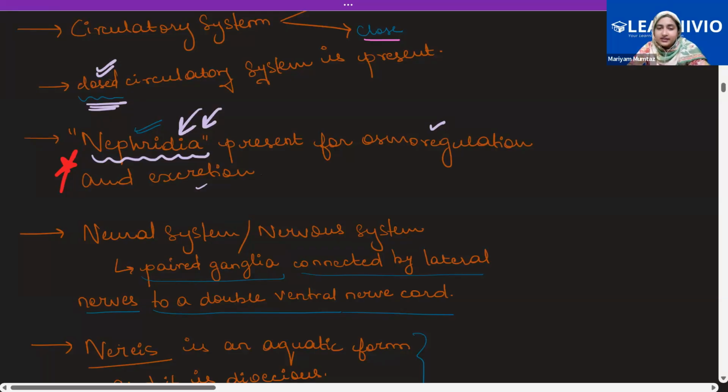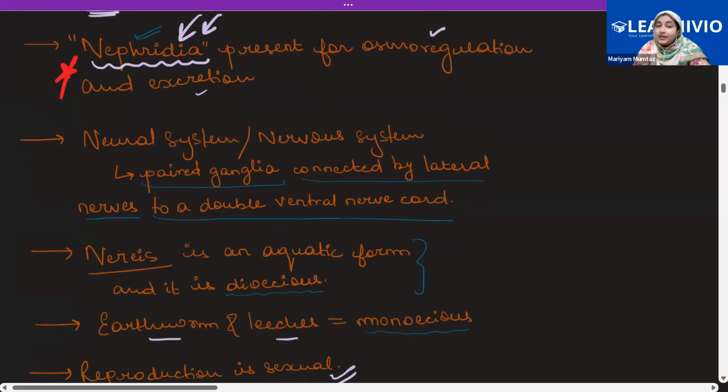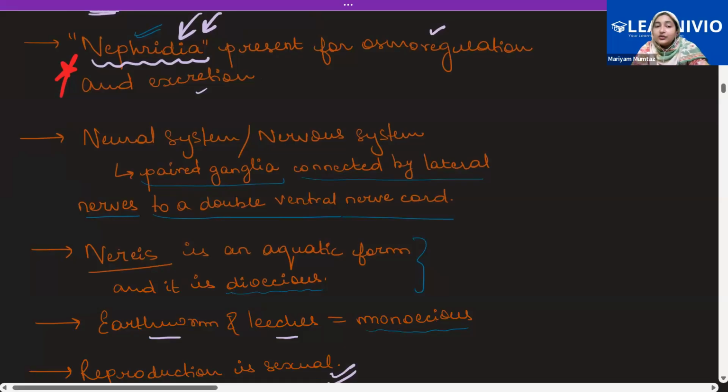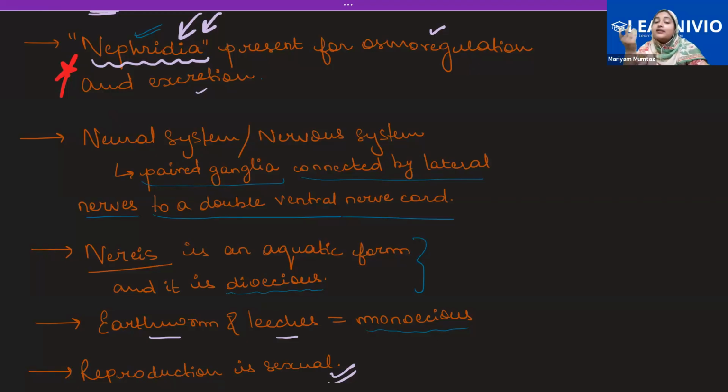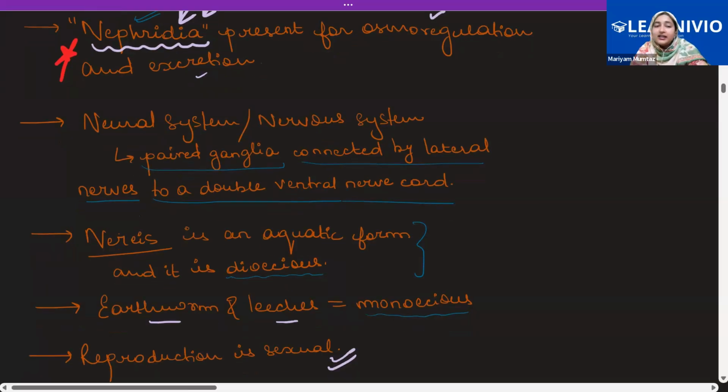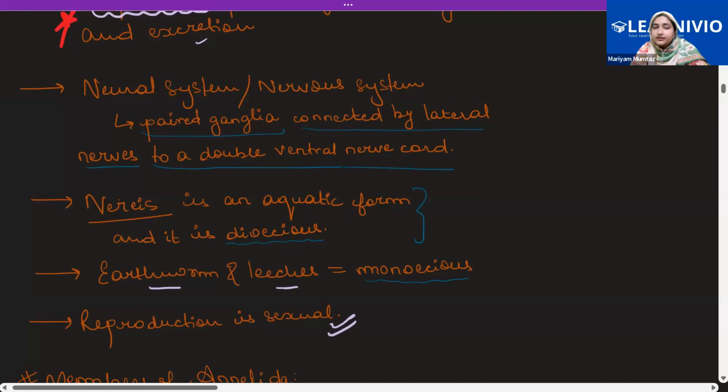Now, one more thing is added, which is a neural system or their nervous system. It means now they have a better awareness of the surroundings. They will not have a brain, obviously, but instead of a brain, they have ganglia. They have structures called ganglia that are connected by lateral nerves to a double ventral nerve cord.